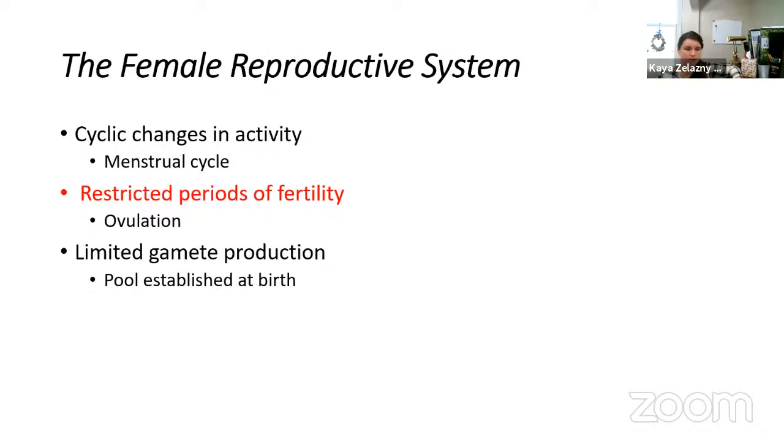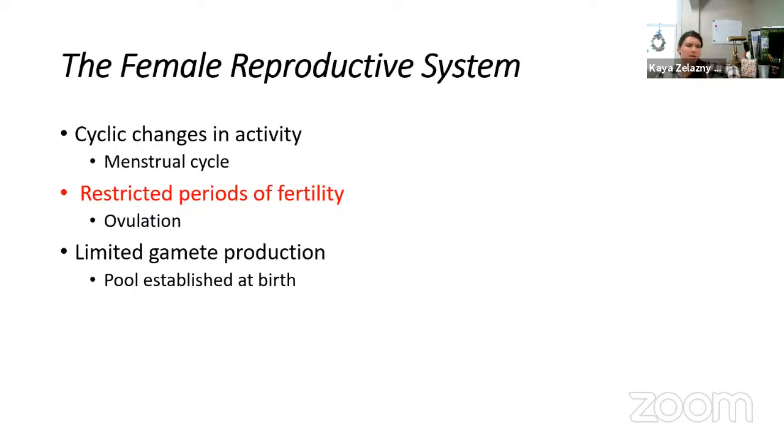So under your stereotypical conditions, women aren't fertile all the time. They are restricted to fertility during this period around ovulation. So slightly before ovulation, slightly after ovulation, while we have a mature ovum ready to be fertilized.